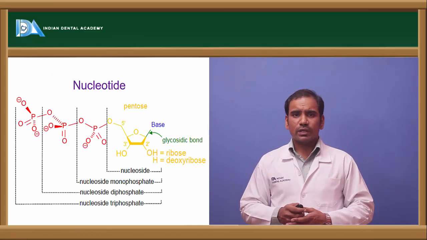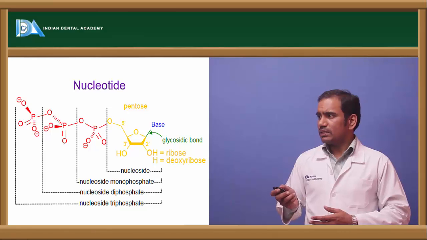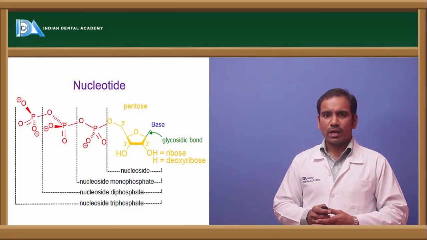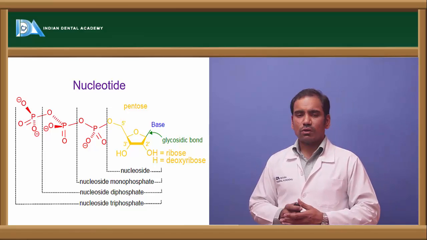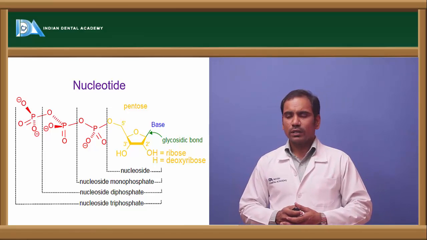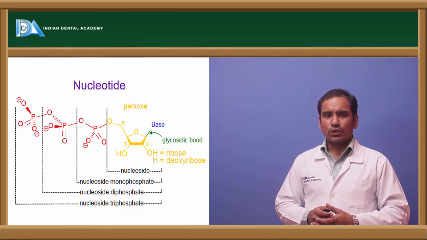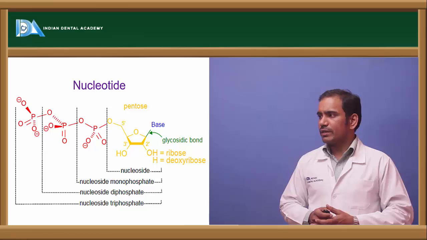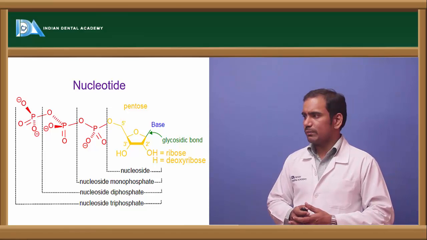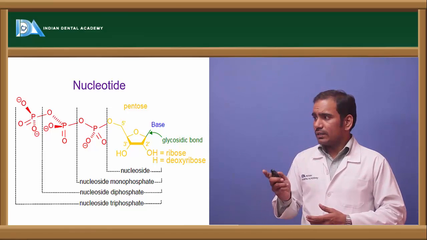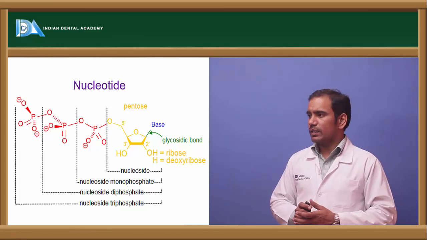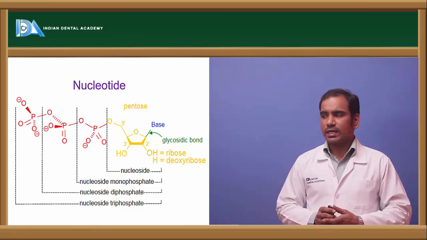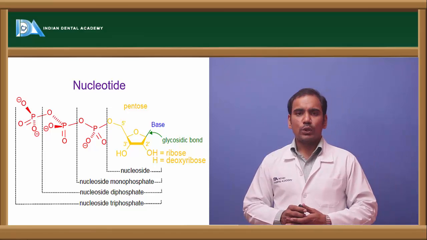In this figure you can see clearly that the nitrogenous base is joined to the sugar, ribose, and that bond is called the N-glycosidic bond, because the nitrogen of the base is linked to the sugar. Base plus sugar we call a nucleoside, and when a phosphate is added, it is called a nucleotide.